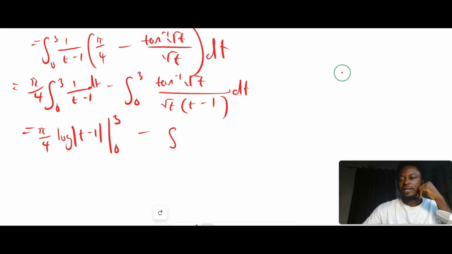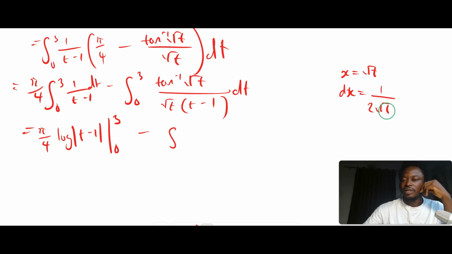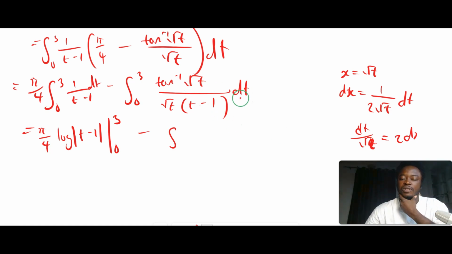You can take x to be equal to square root of t, and we know that dx would be 1 over 2 square root of t dt. So basically dt divided by square root of t would be 2 dx. So at this point we have 2 dx.